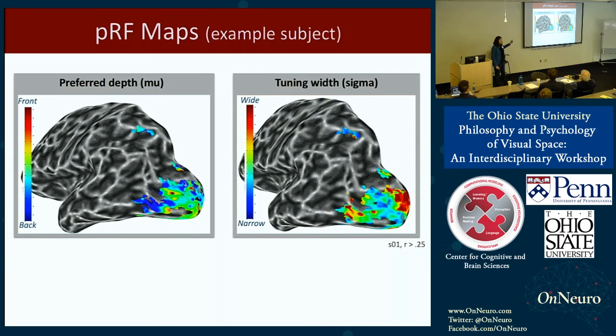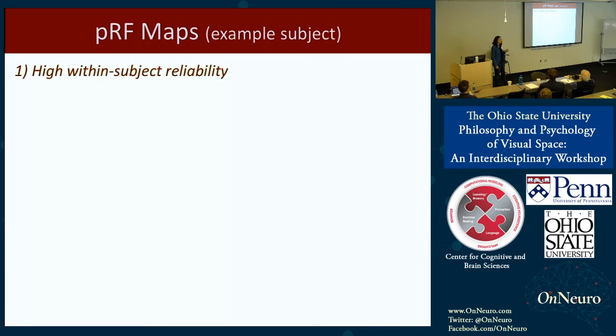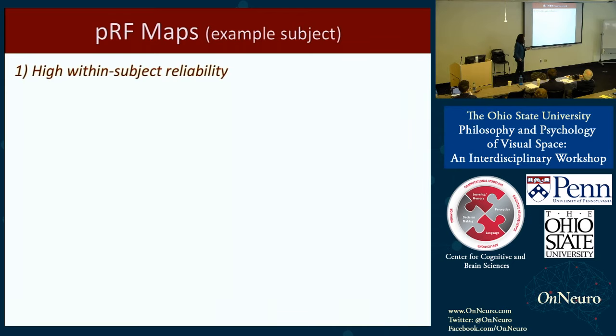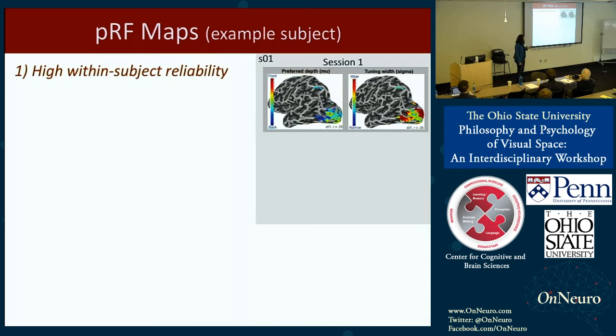There's a lot of information here, so let me just tell you what some of the most interesting things are, and then if people want to look at those images later, I can put them back up. First interesting point. These maps look like a whole bunch of mess. You're like, should I make anything of it? Is it just noise? What I can say is that they're really reliable for a given individual. So just look broadly at patterns.